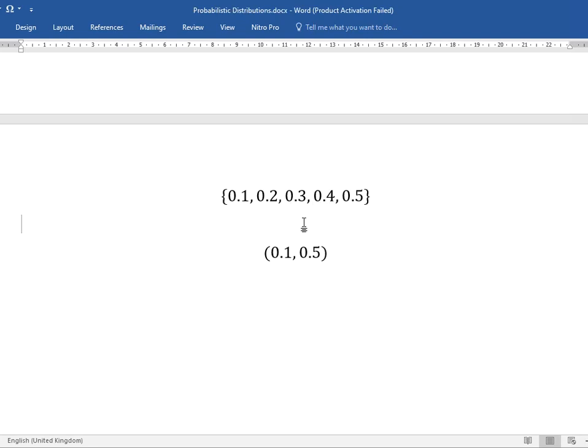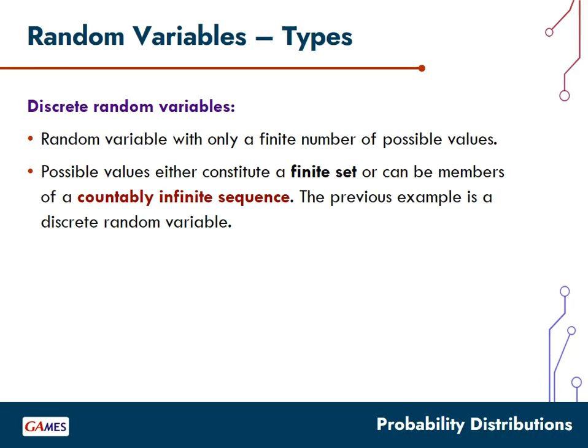Okay, let's go back. Discrete random variables can take in two types of values: values that make up a finite set, or values that make up a countably infinite sequence.